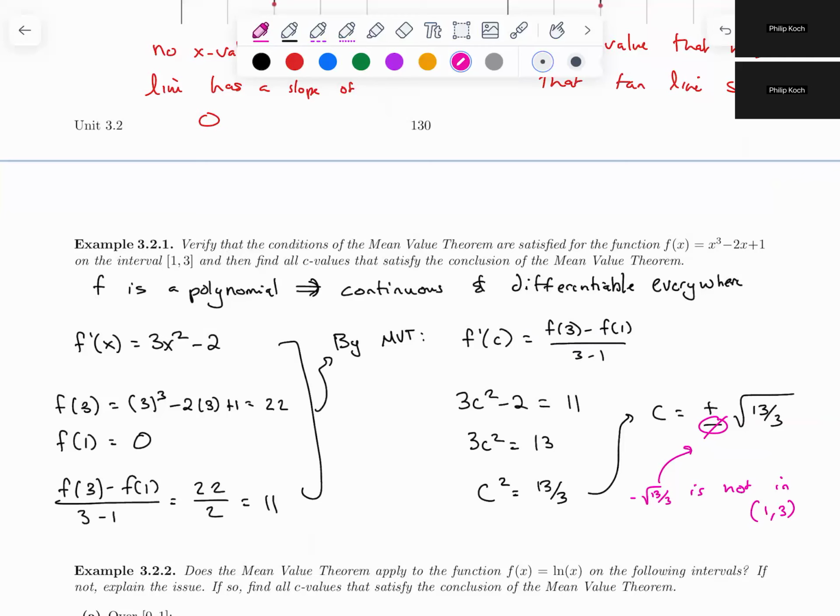So the only c value is c equals square root of 13 thirds. Any questions on that?